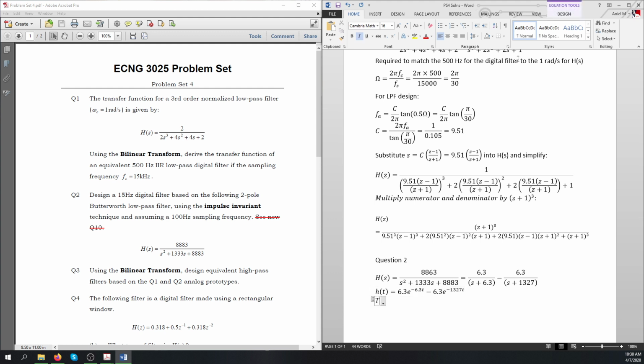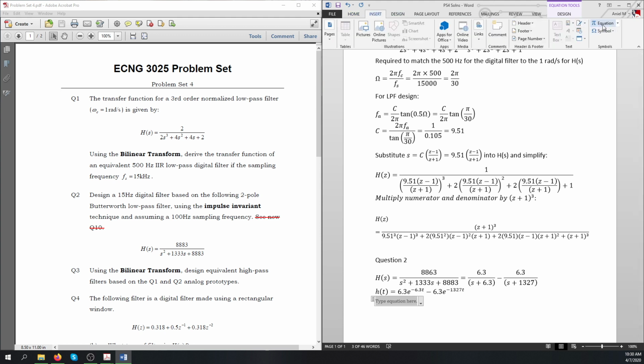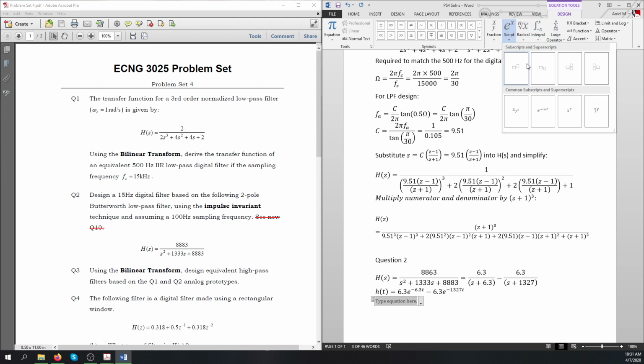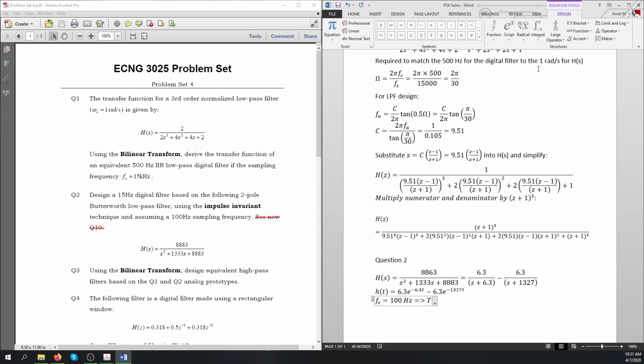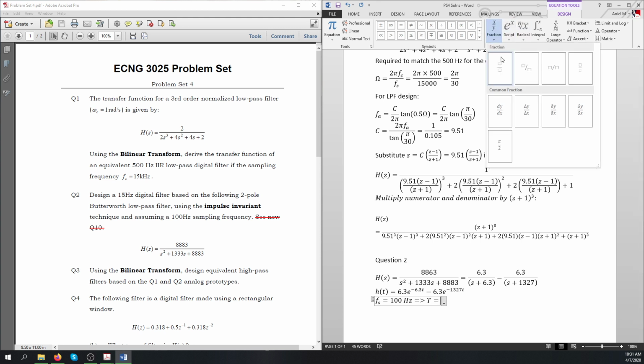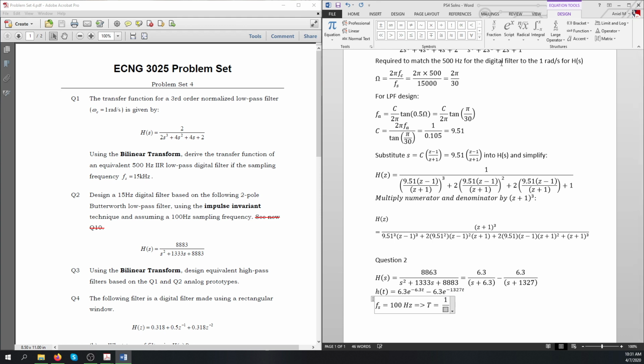We also know that our sample frequency here was 100 Hz, which also implies that our T, being our sampling time, is going to be 1 divided by 100, which is 0.01 seconds.